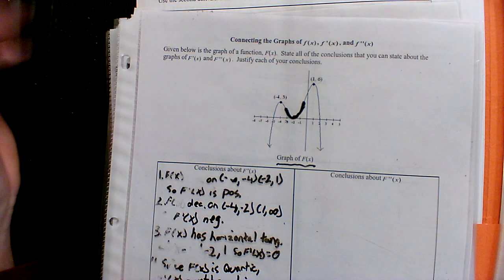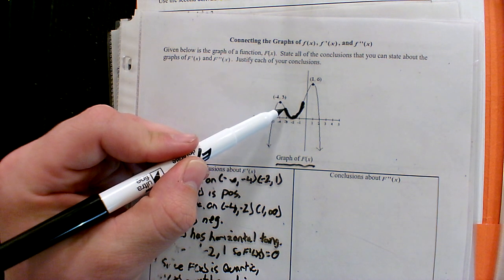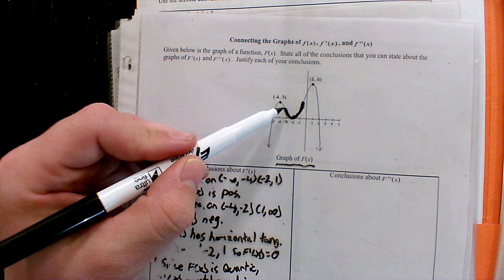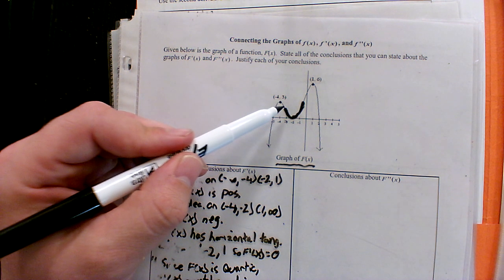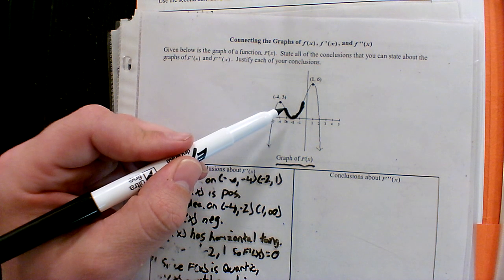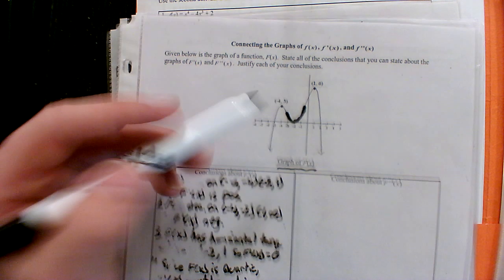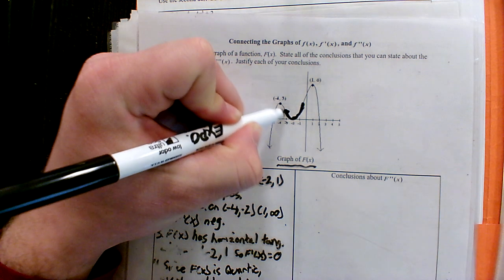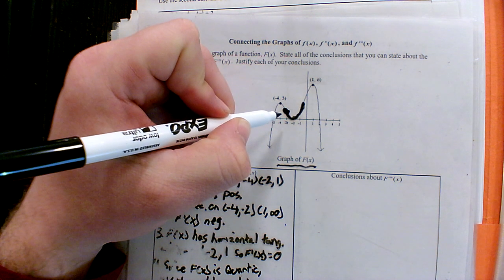So if you look at the picture here, to maybe get a little better understanding of that, if you pick just one point on the original function, the derivative represents what at a point? The slope of that tangent line. If I pick a point right here and I take a tangent line, the slope's going to be what?